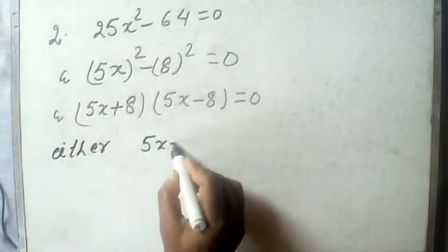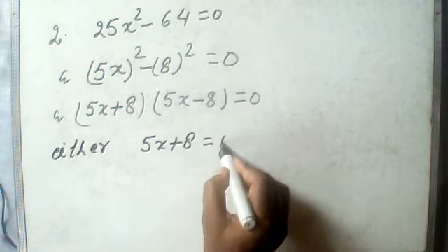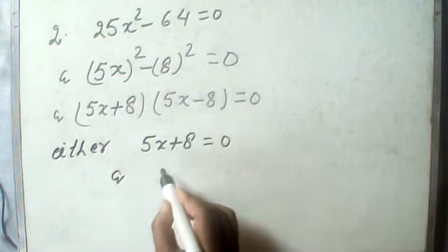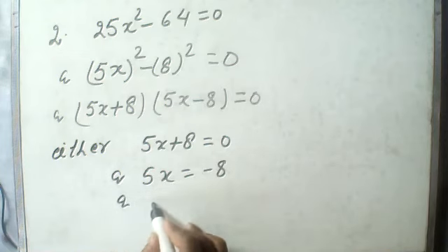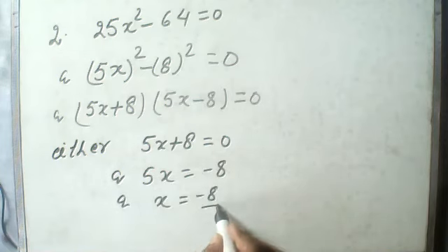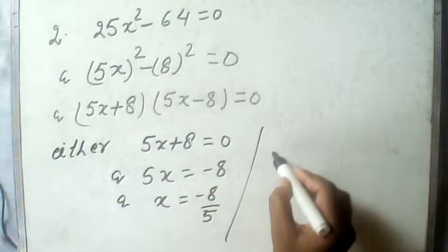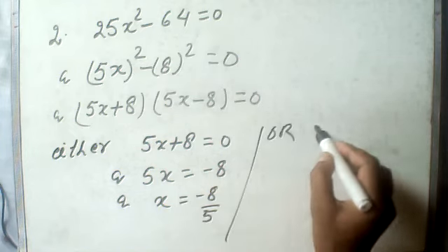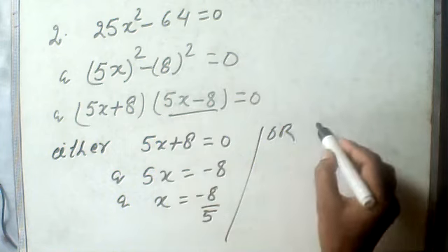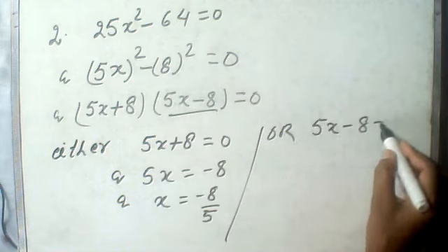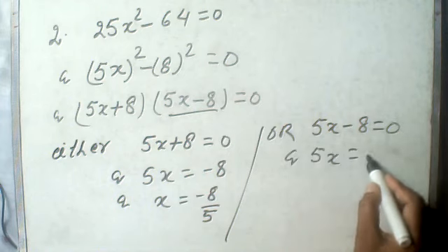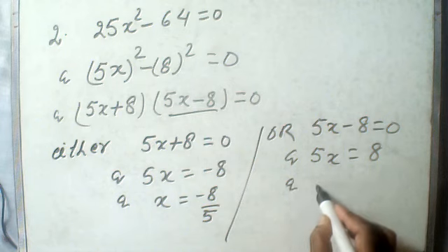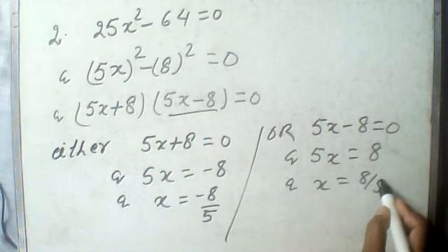Either 5x plus 8 is equal to 0, or 5x is equal to minus 8, or x is equal to minus 8 by 5. Or for the second solution, the second factor is 0, 5x minus 8 is equal to 0, or 5x is equal to 8, or x is equal to 8 by 5.